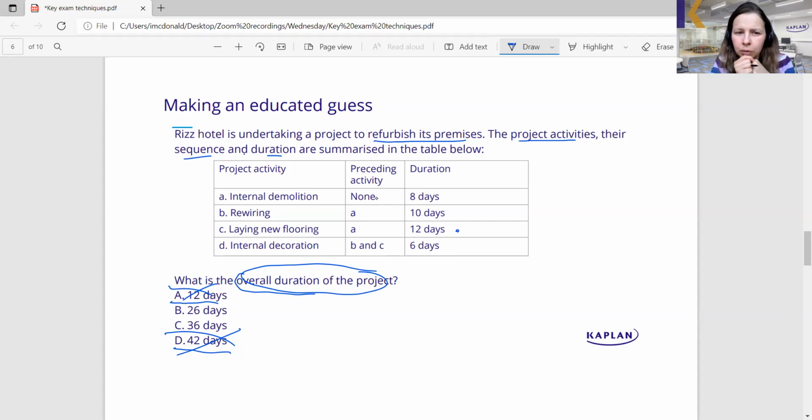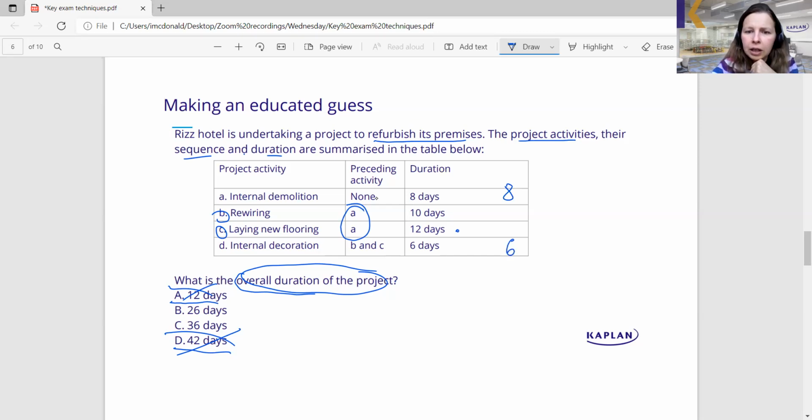So now I could look at the information in a little bit more detail and see what is going on with those projects. Apparently I'm told that activities B and C are happening pretty much at the same time, because they are happening after activity A has been finished. So they're happening simultaneously as such. So I have 8 days for activity A for sure.